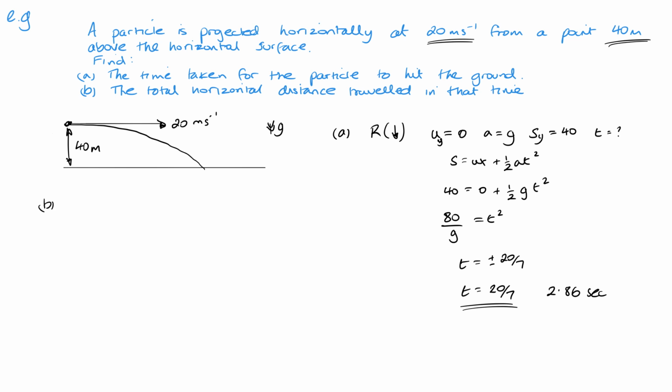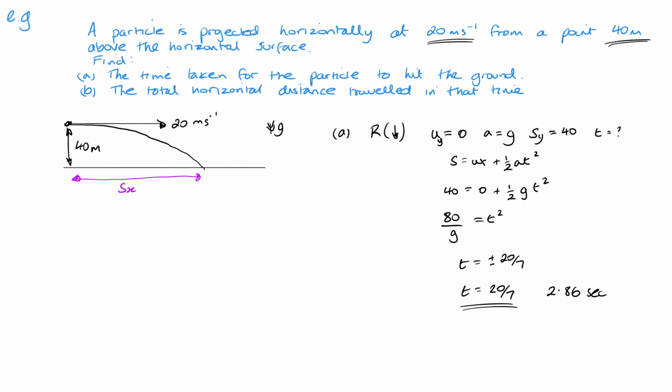Now part b is that total horizontal distance. So what we want to think about for part b, now what I will actually do is let's change the colour up, make it a little bit easier for you guys to follow. So we're looking at that distance there.